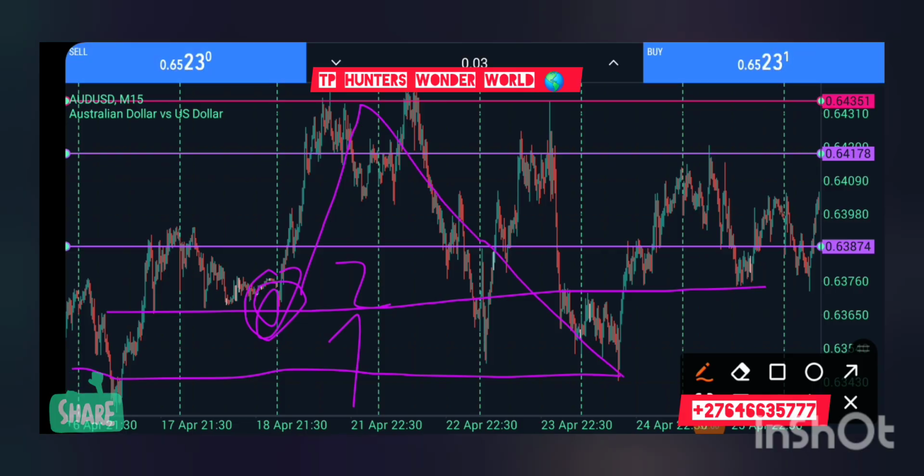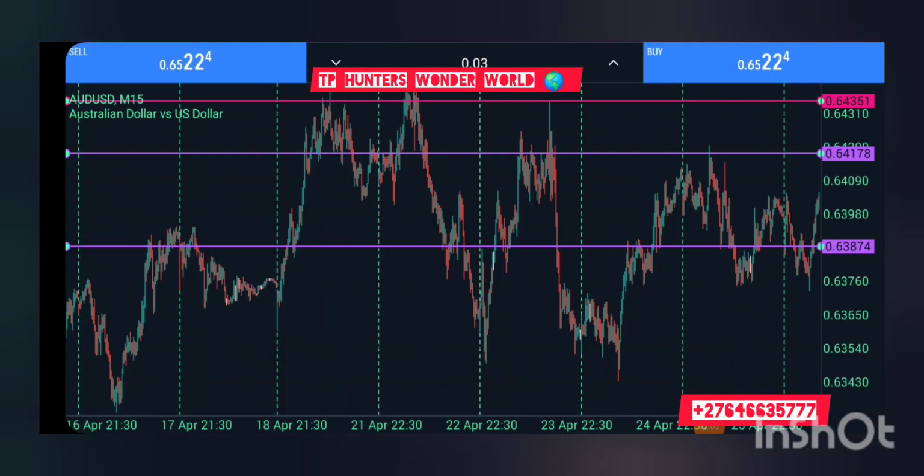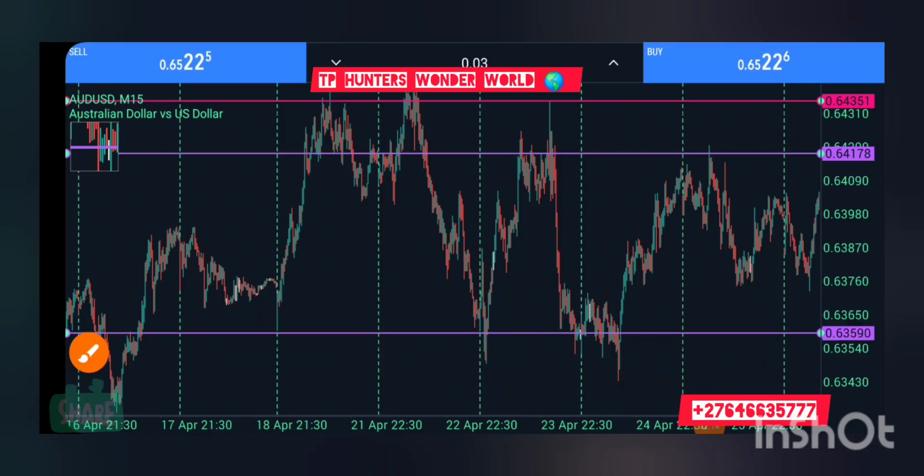Let me do this again. Let me use the horizontals. Let me take this one. We have our first breakout as purple horizontal.